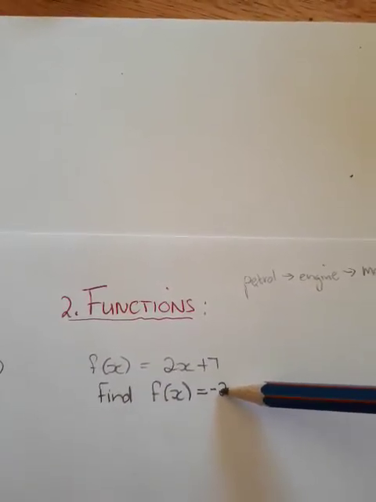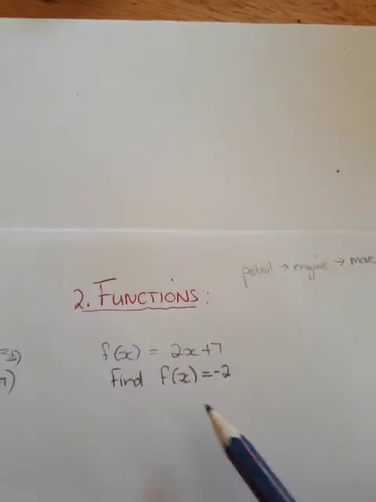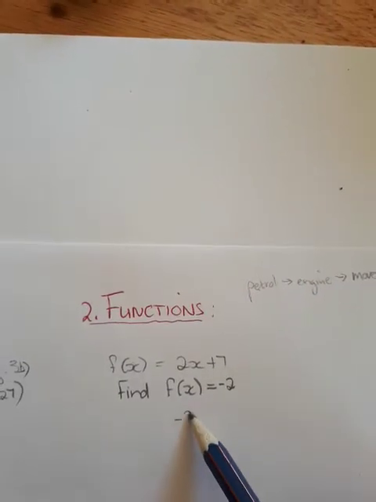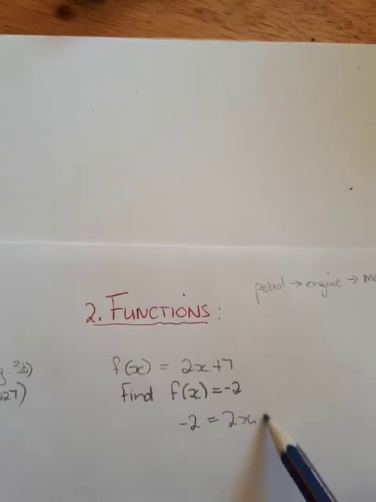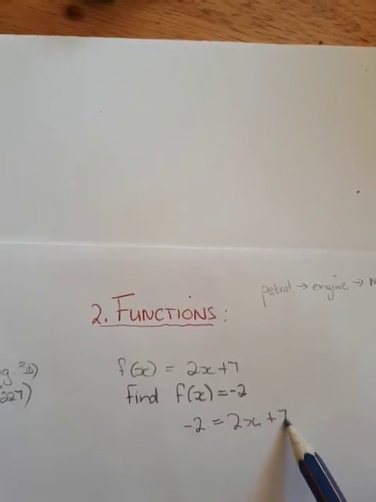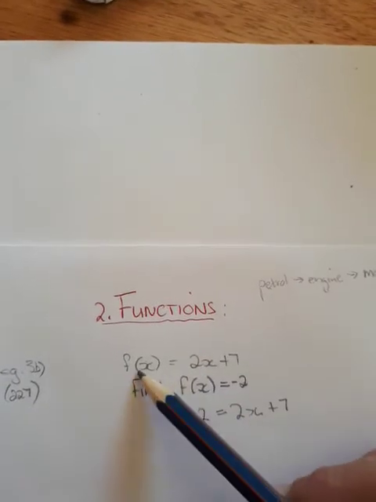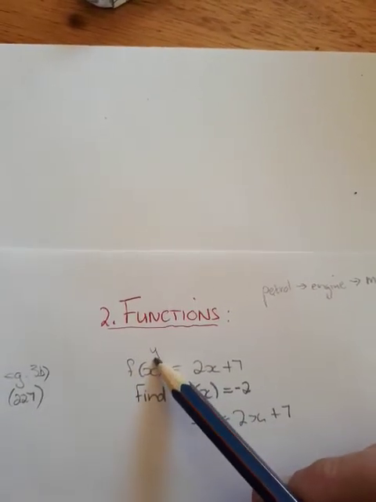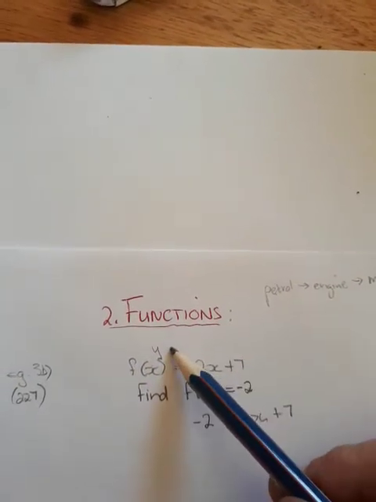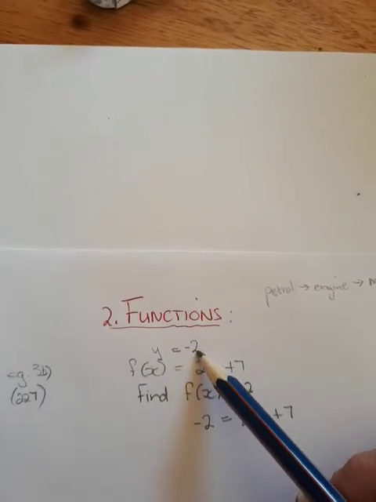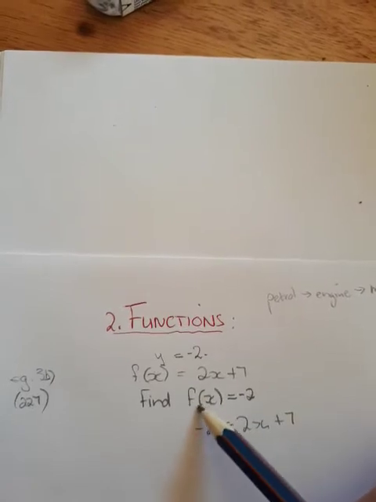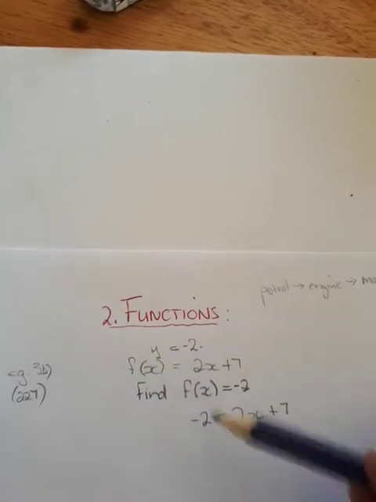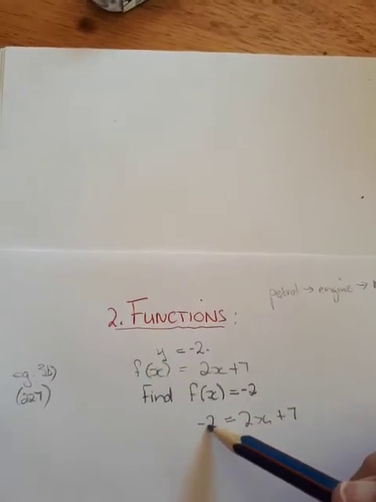So instead of f(x), I will write negative 2, and my right-hand side will remain 2x plus 7. So remember that f(x) also really stands for y, and in this case, they tell you that y is negative 2. So in the place of f(x) or in the place of y, you will substitute negative 2.